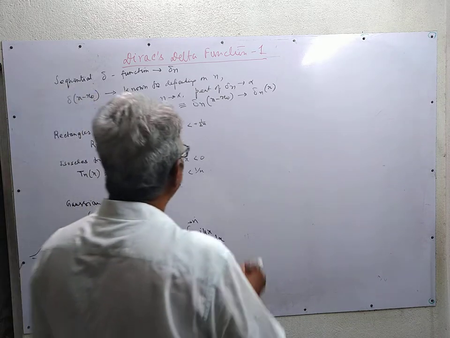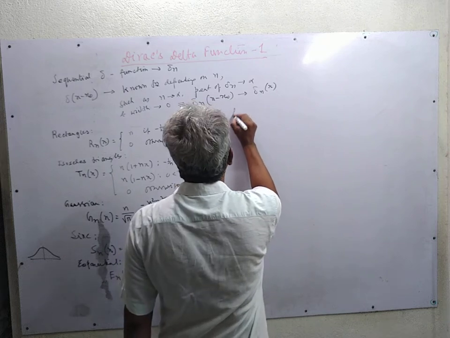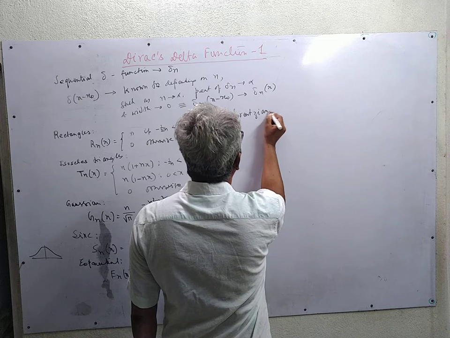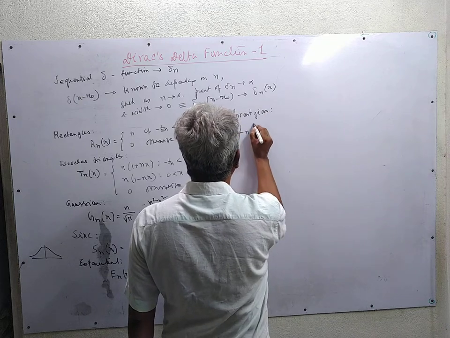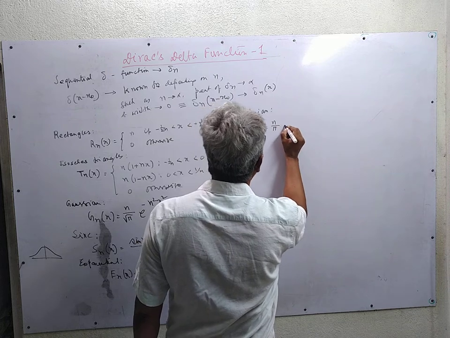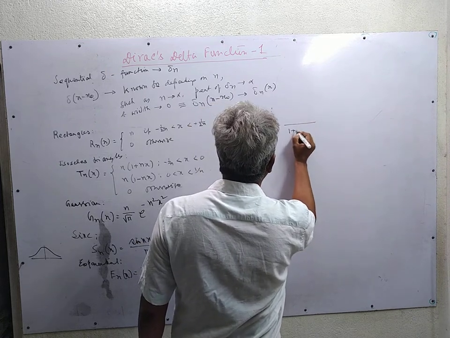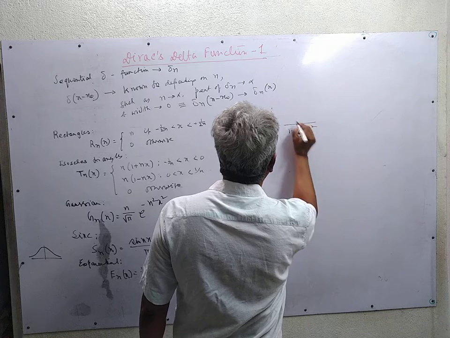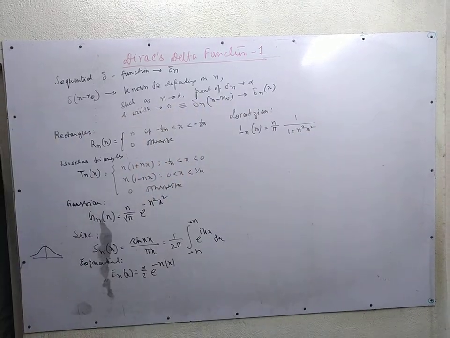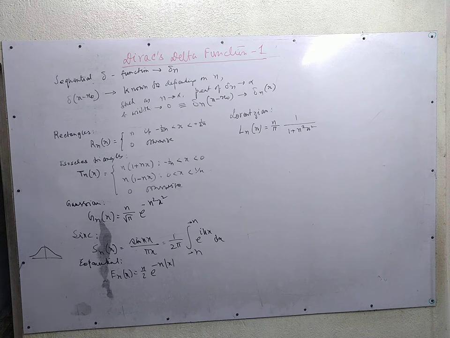This is the Lorentz representation, the Lorentzian. This is very important, and we shall use it to prove a few properties of the delta function.